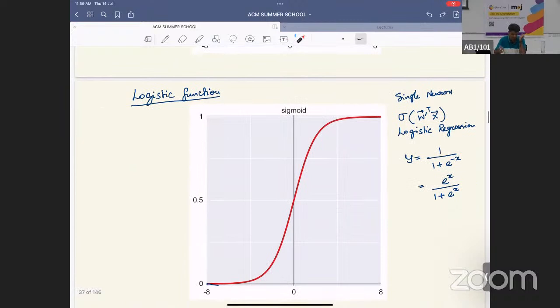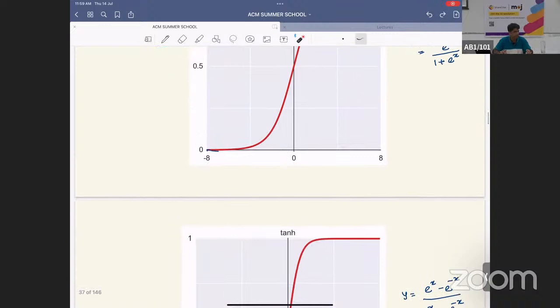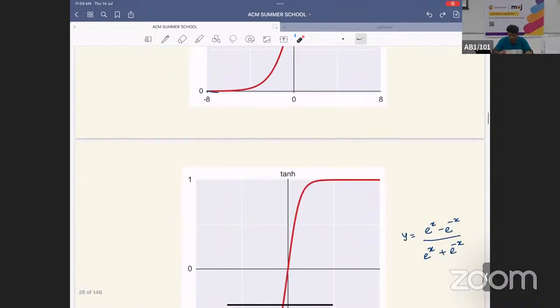And this logistic function, which is also quite famous, which is also called a sigmoid function, whose equation is 1 by 1 plus e power minus x, and the curve is something like this. Okay, this sigmoid function was quite famous before the ReLU and leaky ReLU took over. Now most of the people use parametric or leaky ReLU because of easy differentiability and less computation.